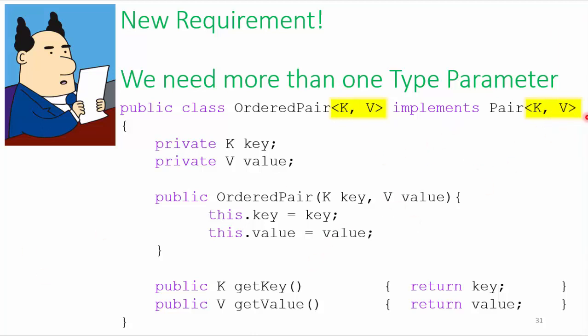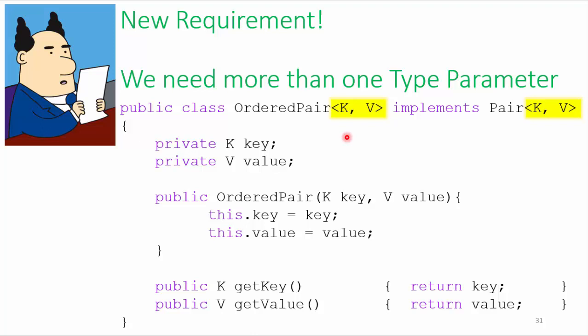So we take type parameters, we use them immediately. But we could have more than two type parameters here for OrderedPair, right? We have K and V because we need K and V to pass them to the Pair generic interface, but we could have extra type parameters here that we are using only in the implementation of this OrderedPair class. So let's take a look at the code for that class.